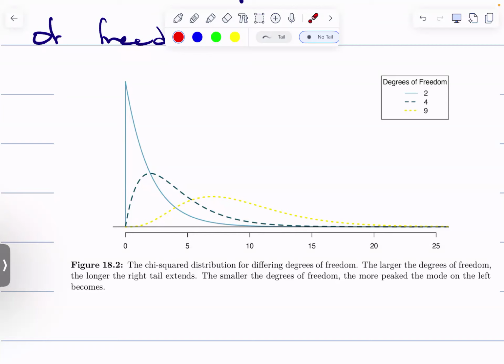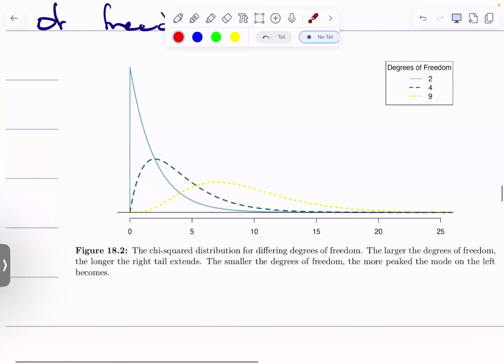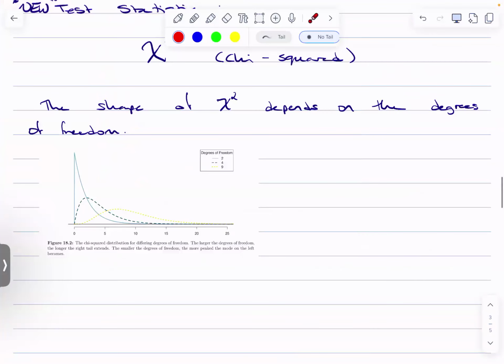Okay. So some chi-squared facts, let's jot those down.